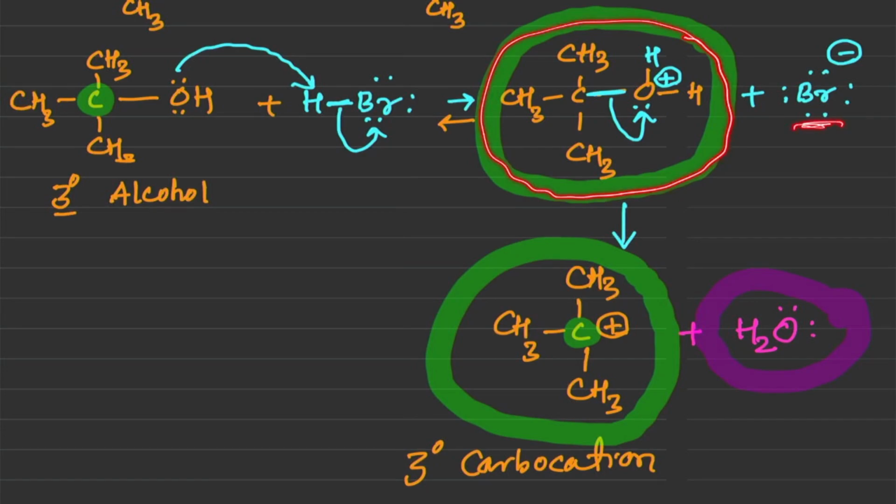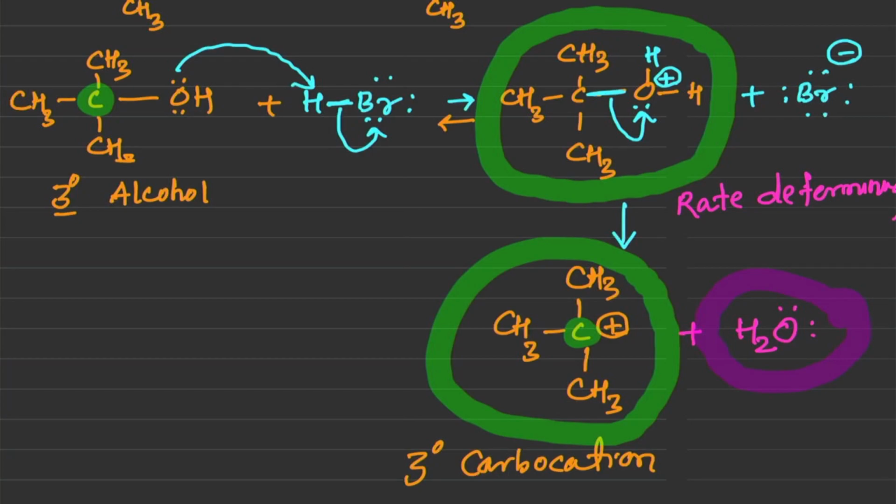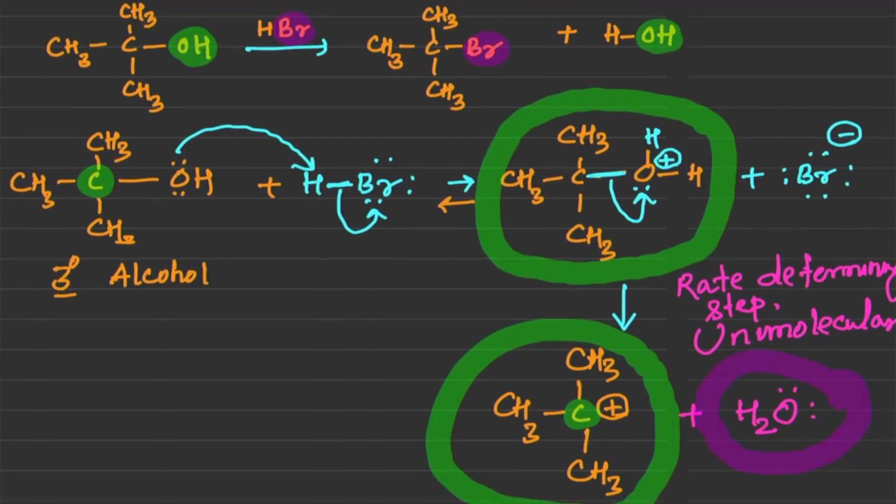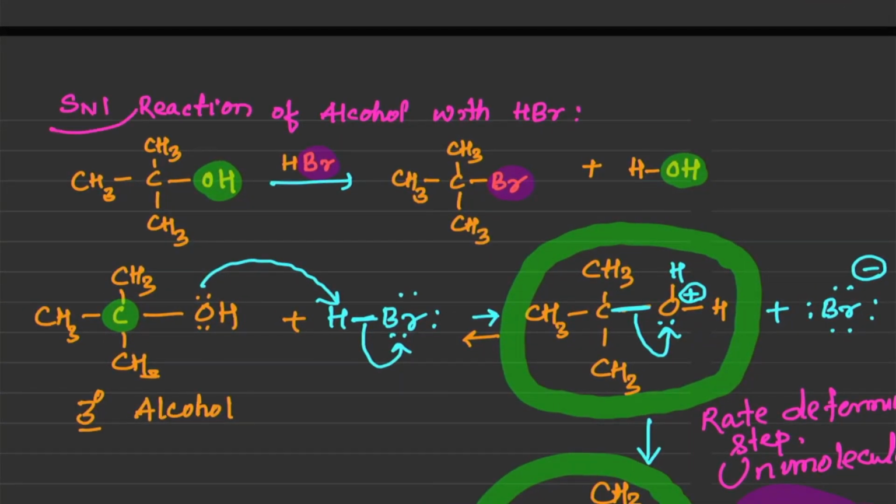Remember, Br minus is not participating. So this one molecule has split into 2 other molecules. So this is our rate determining step of the reaction. And in this step, the reaction is actually unimolecular. And this is why we call the whole reaction an SN1 reaction.